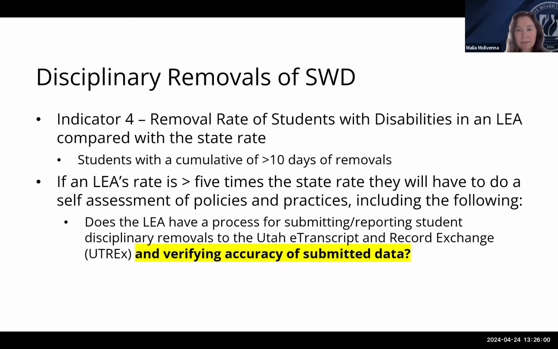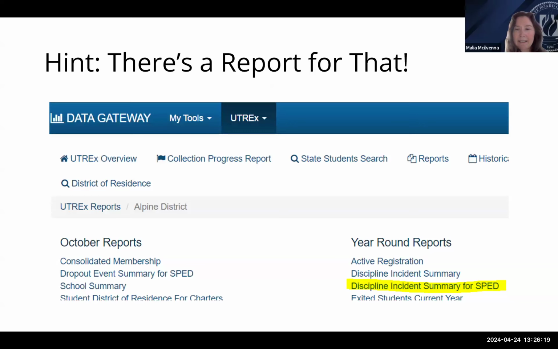As part of that self-assessment, we have the following question. Does the LEA have a process for submitting or reporting student disciplinary removals to the Utah e-transcript and record exchange and verifying accuracy of submitted data? Next slide, please. So hint, there's a report for that.